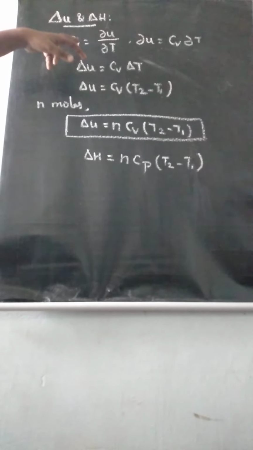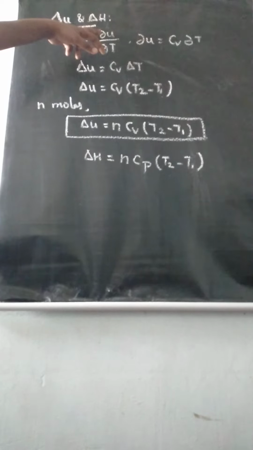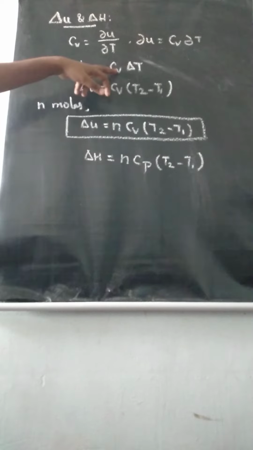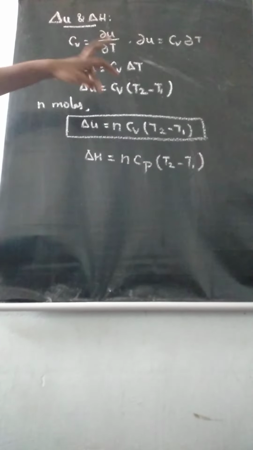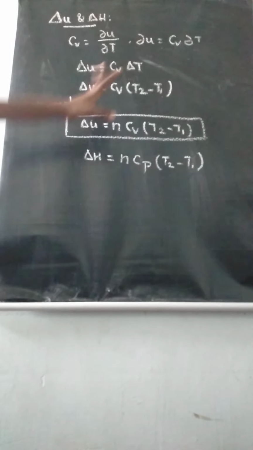So this is the calculation of delta H and delta U. How can we calculate this? First, you know the heat capacity at constant volume formula, delta U by delta T. From this, delta U means Cv into delta T. Delta T is T2 minus T1. If you are taking n moles of ideal gas, the formula is delta U is equal to n into Cv into (T2 minus T1).